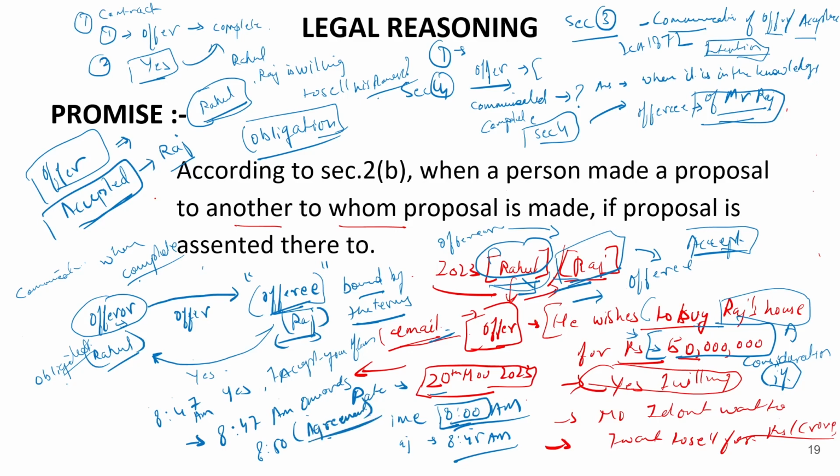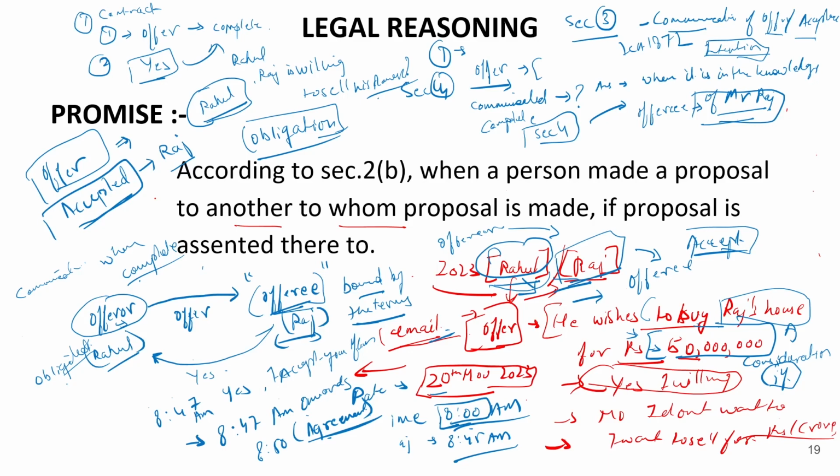Yes, is it clear? So now both the people who have conveyed their willingness to do something or not to do something to the other person: the moment the offerer gives his willingness and the offeree gets the knowledge of that offer, the offerer becomes liable.